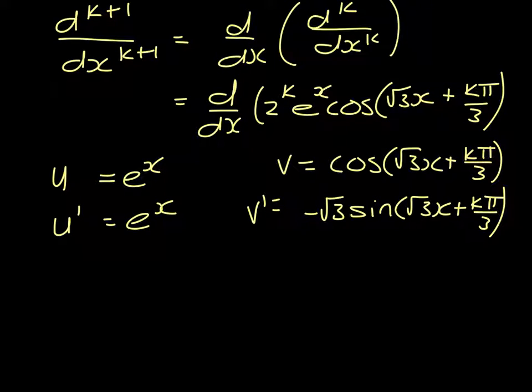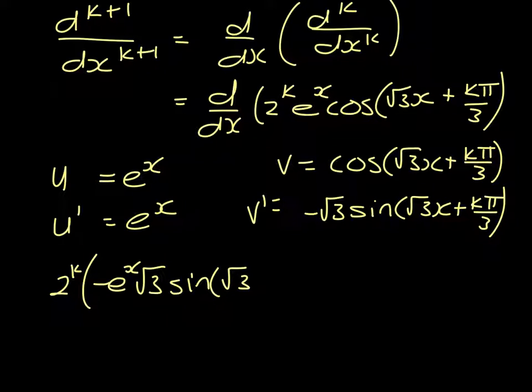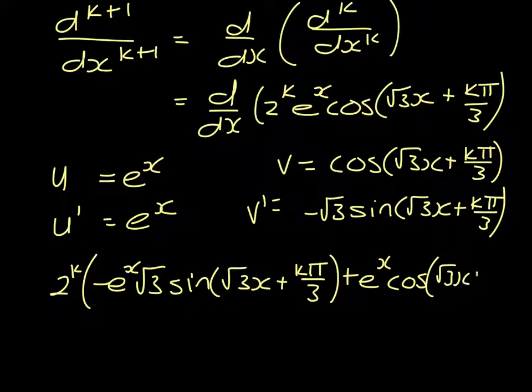If we bring that together then, our differential will be 2 to the power k, uv dash, so that's minus e to the x root 3 sine of root 3x plus k pi over 3 plus e to the x cos of root 3x plus k pi over 3.